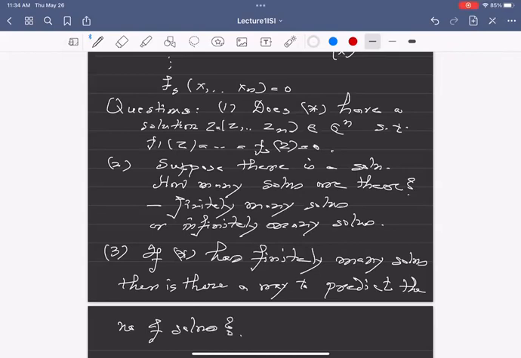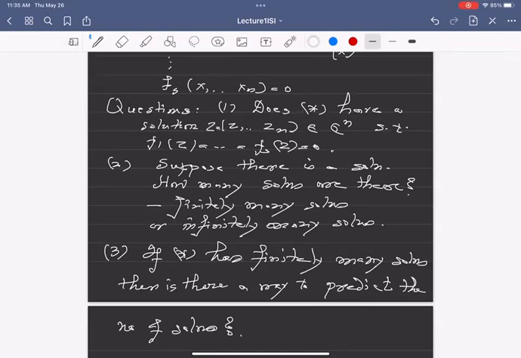If you had a system of linear equations, then either it has a unique solution or no solution or infinitely many solutions. So for linear equations, there are only 3 possibilities. But in case of polynomial equations, that is not the case.